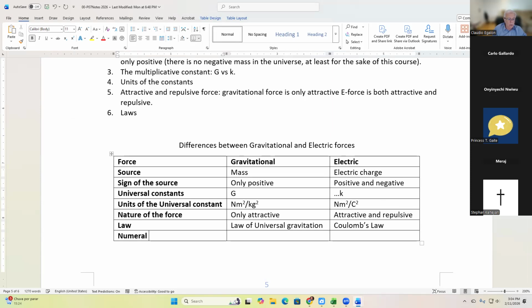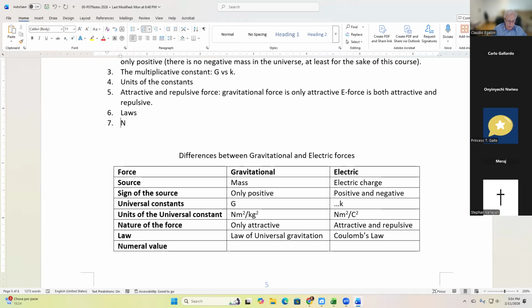Numerical value. One is very small, the other one is very large. You don't have to memorize those values, but at least you should know that one is much greater than the other.